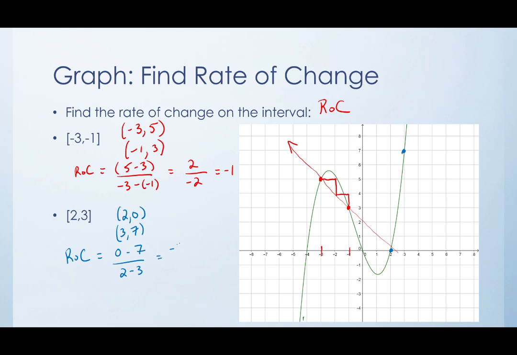So we've got -7 over -1, which of course is +7, and we can see here over 1, up 7. We calculated that thing correctly, but I can't draw a straight line between those 2 points to save my life. Close enough. Okay.